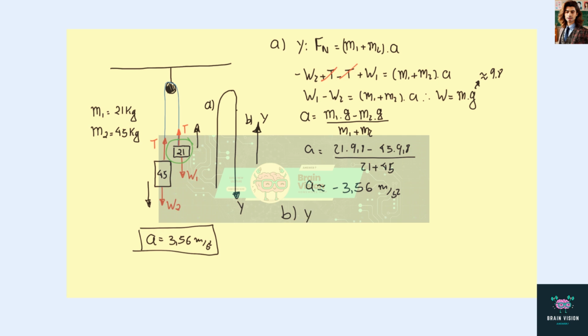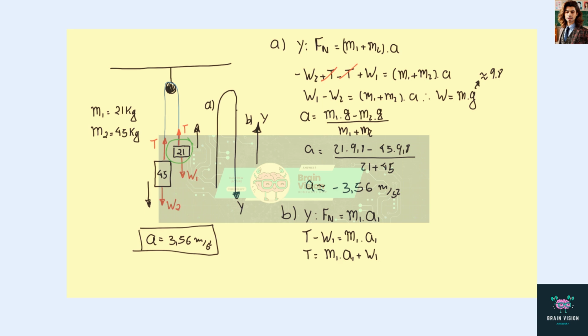Then, in that y direction, the net force is equal to the mass m1 times its acceleration. The net force is composed of two forces, the tension and the weight number 1. Then we have the tension pointing to the positive direction minus the weight number 1 pointing to the negative direction, equal to m1 times A. So the tension is equal to m1 times A plus W1. This is the acceleration of the weight number 1.